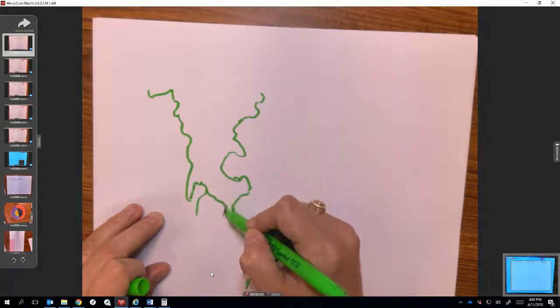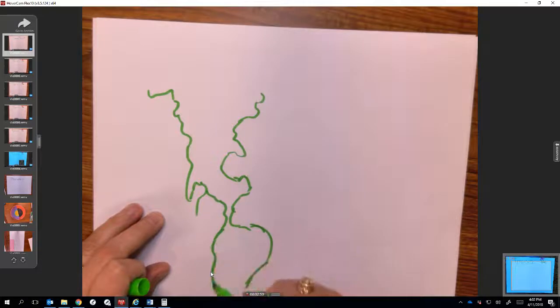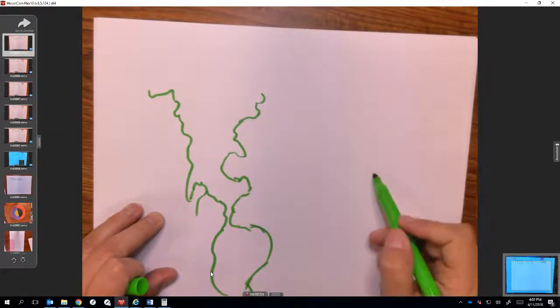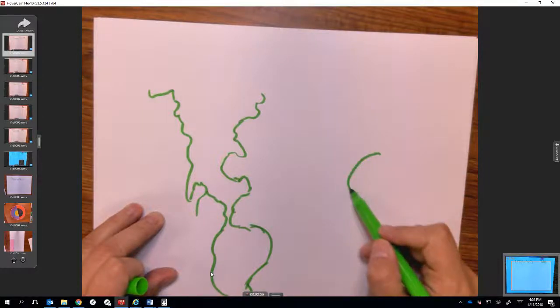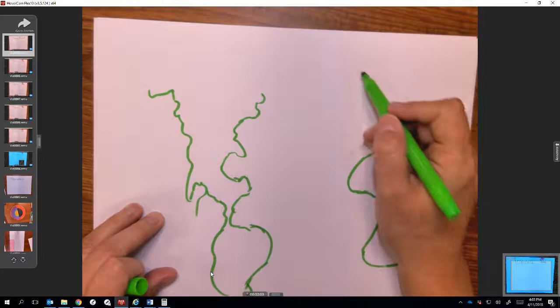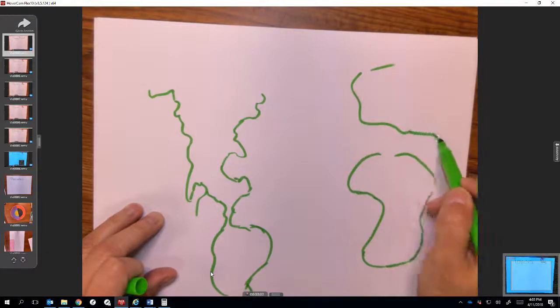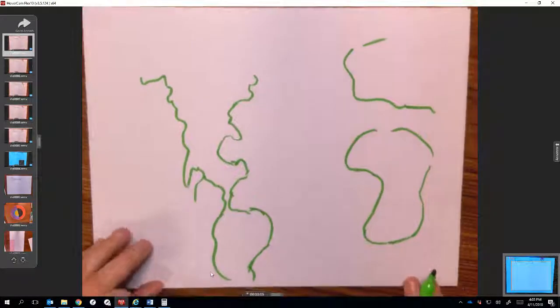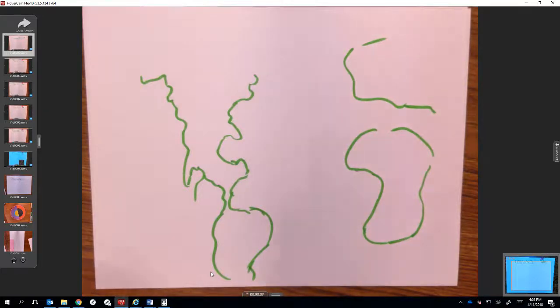Oh, I didn't do a very good job with Mexico. That's okay. So here's North America, South America. We have the continent of Africa over here, and Europe. So this is our globe, right? Use your imagination on my beautiful drawing.